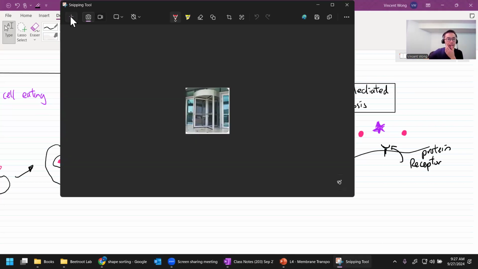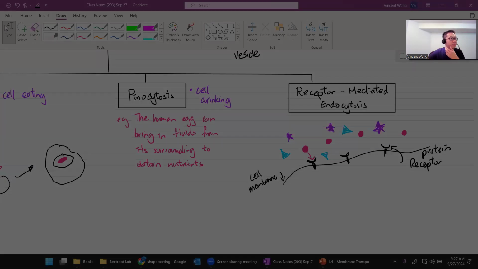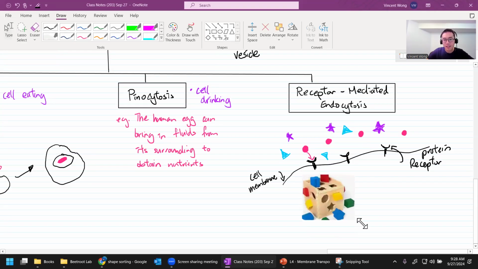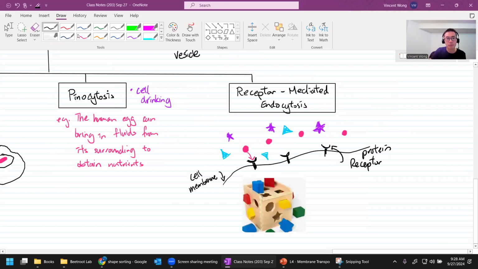It's like this toy here. Hold on, I just have to grab the image to show you. I feel like I talked about this in class already, but I forgot if it's your class or some other class. It's all a blur. It's like the shape sorter, right? Each slot is a particular shape. Only if it fits the shape can it go into the box, right? So only if it fits the receptor shape will it be allowed to cross the cell membrane.